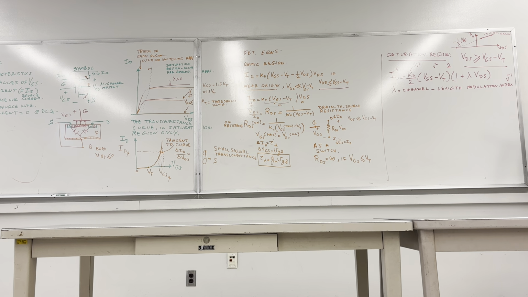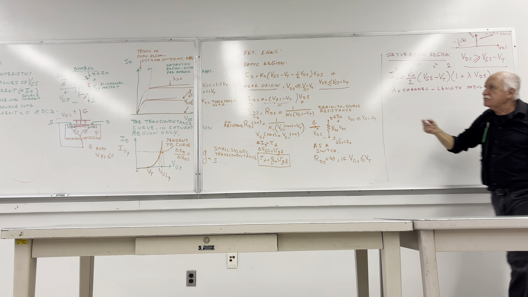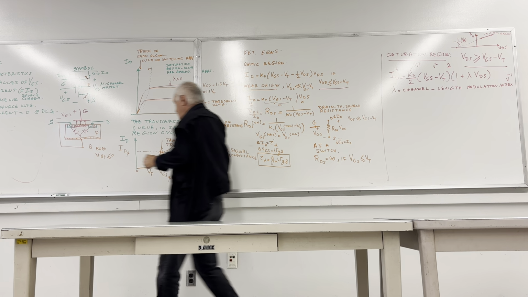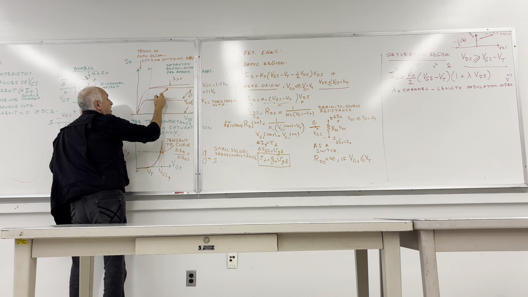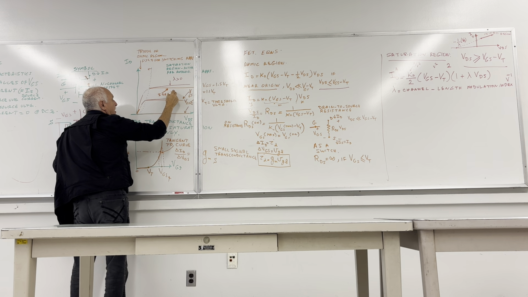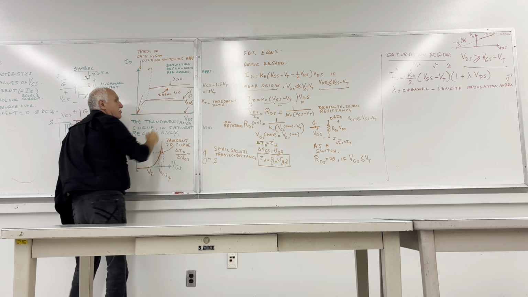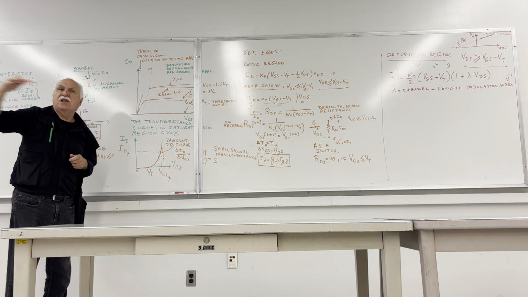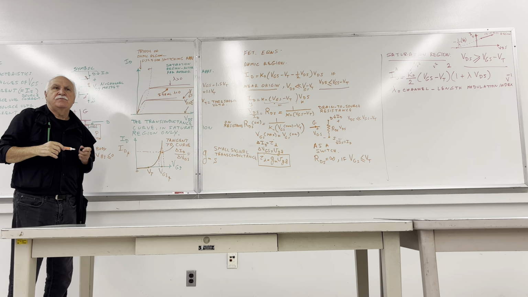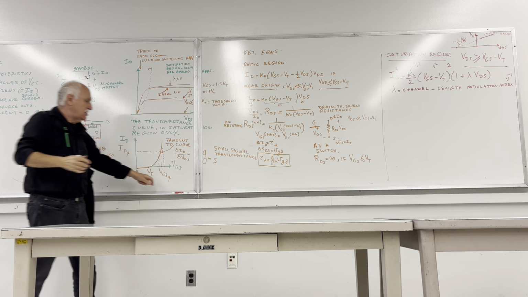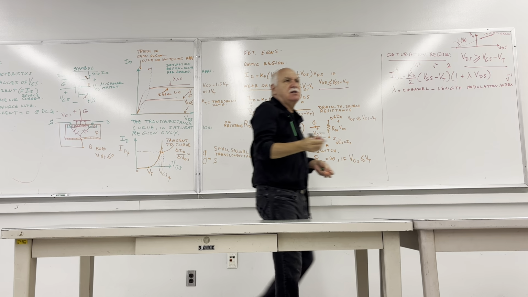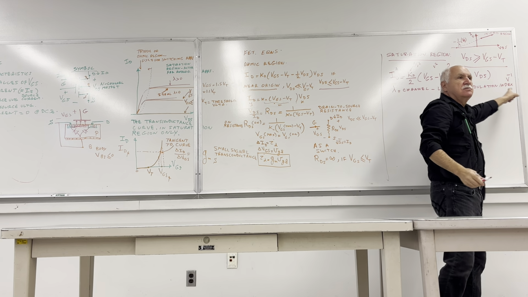Okay? In an ideal case, lambda will be equal to 0. That makes the lines horizontal. So it is an equation adjusted, basically. It's a mathematical model.